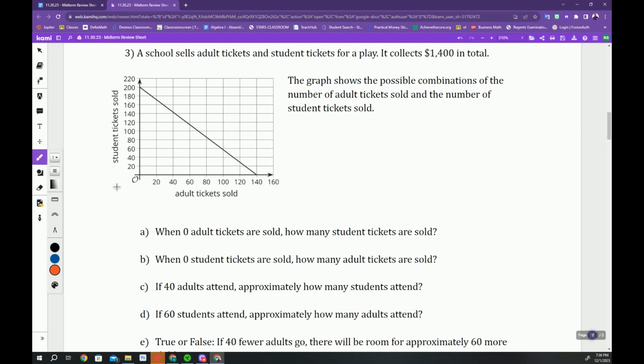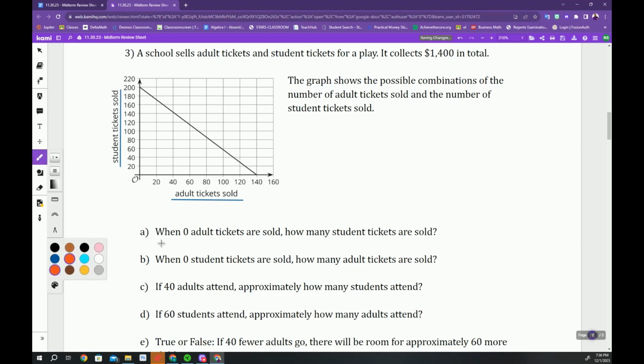So, we want to know, when 0 adult tickets are sold, how many student tickets are sold? Before I do anything, let's take a look at the graph. I can see my x-axis is the adult tickets sold. And on my y-axis, we have the student tickets sold.